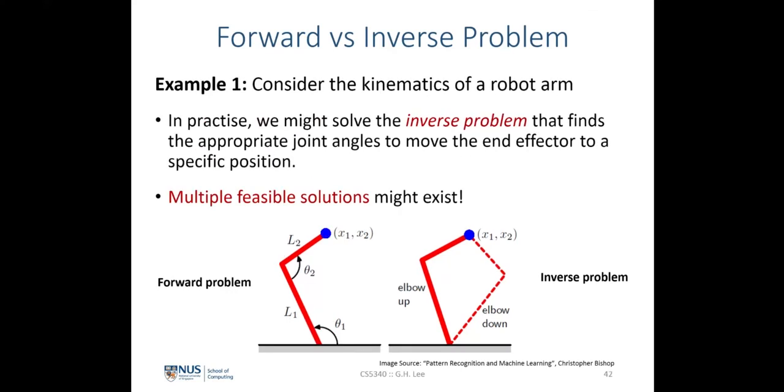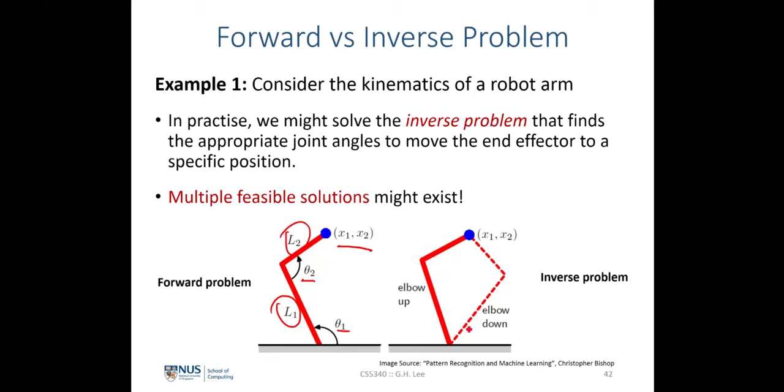However, this would not hold true for the inverse kinematic problem, or the inverse problem in this example here. Suppose that now I invert the problem around, where I give you x1 and x2, the end effector location, and I ask you to compute theta 1 and theta 2 over here, given that I know L1 and L2, the manipulator arm's lengths. The problem here is that a unique solution might not exist, as shown in this example here.